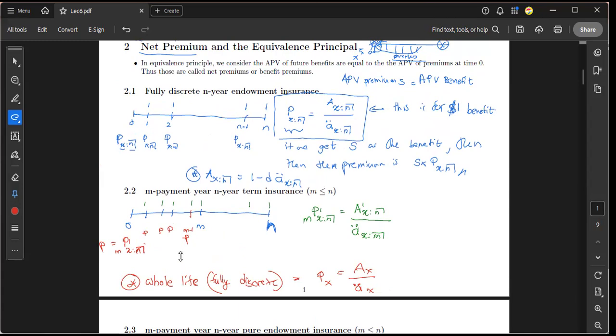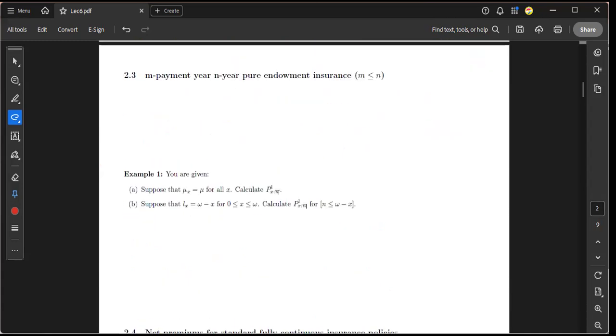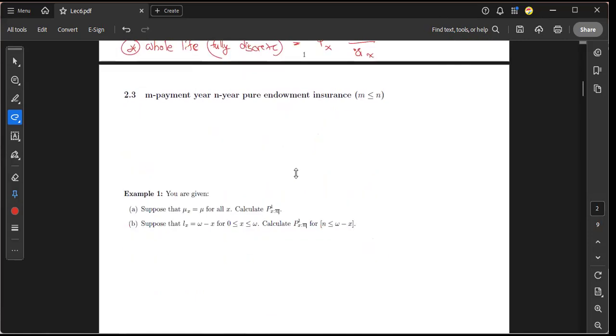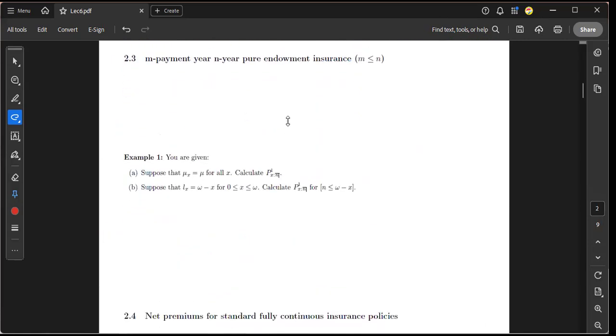And we can discuss another term, which is M-year payment, N-year pure endowment insurance. So this is a term insurance, and this is a pure endowment insurance. That means the benefit is only paid at the end of that period, so we know when the benefit is being paid.